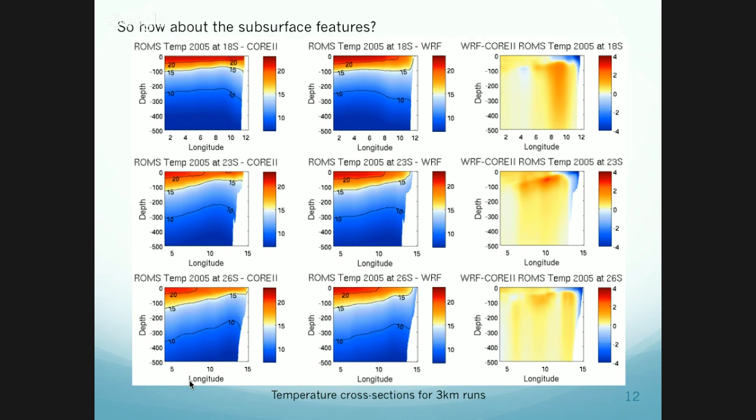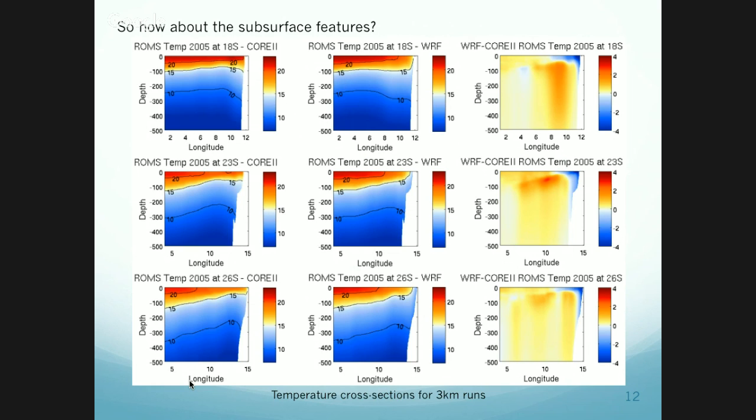We can pretty clearly see that for the WRF forcing at the coast, there's a very strong upwelling feature here. But in the CORE 2 forcing, there's just a very narrow band of upwelling. For these two latitudes also, it's the same.